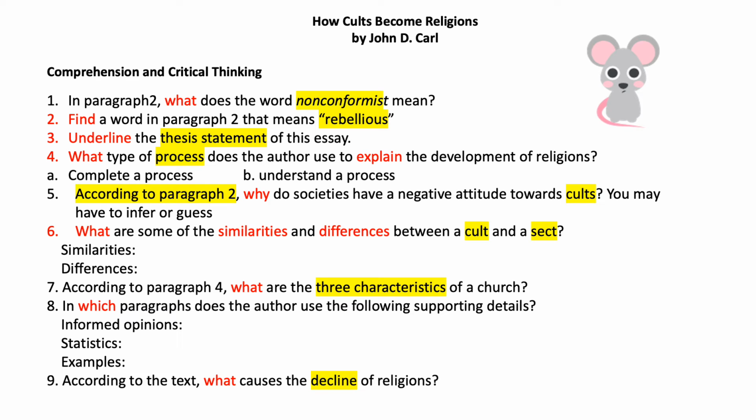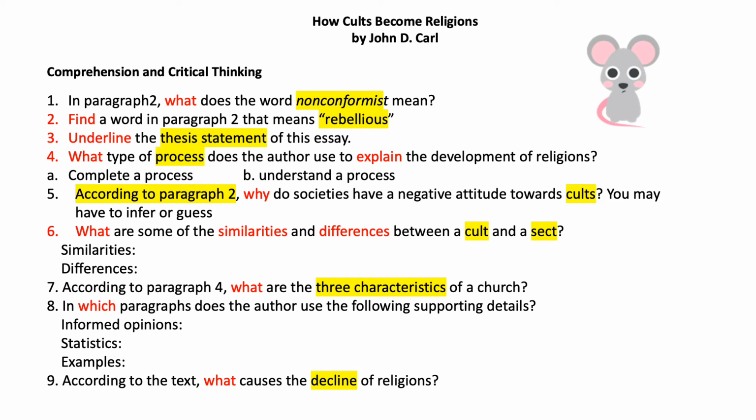Question 6, what are some of the similarities and differences between a cult and a sect? Well, let's start with similarities. They're similar in that they go against societal norms or practices. They are different because sects have more members. Okay, you could be looking at that.